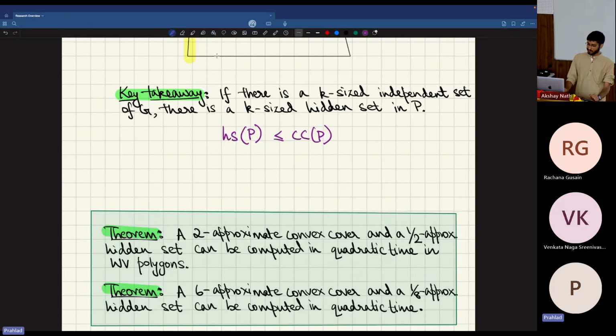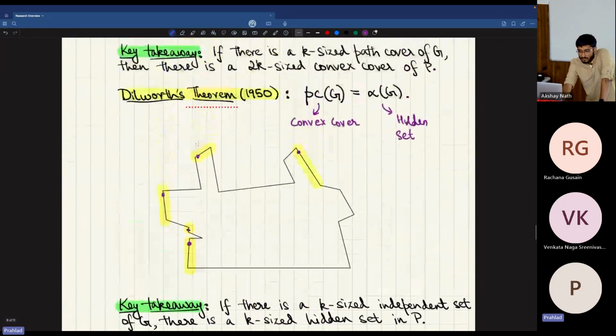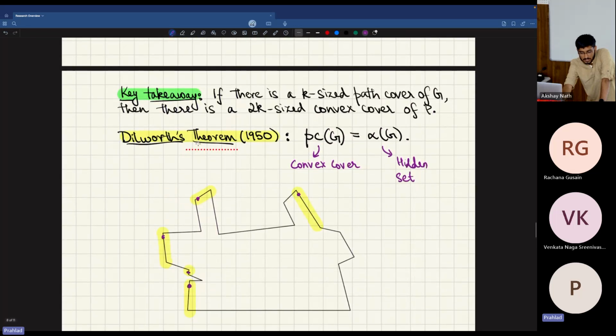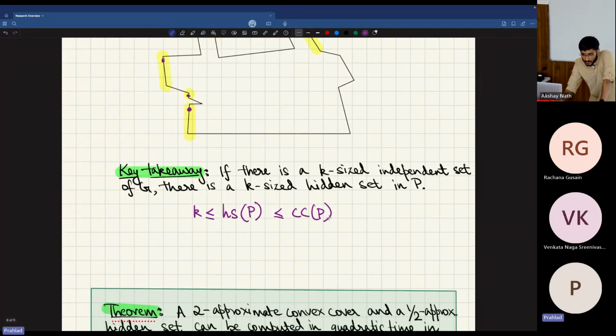So what we have is a k-sized hidden set, which means that the hidden set number is at least k. We've been given a convex cover of size 2k, which therefore means that the convex cover number, which is the minimum, is at most 2k, right?